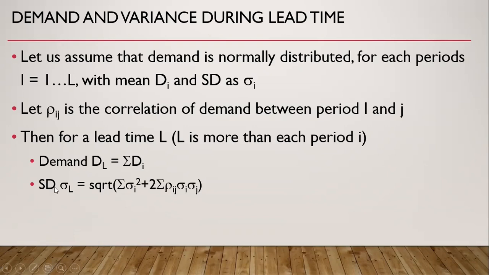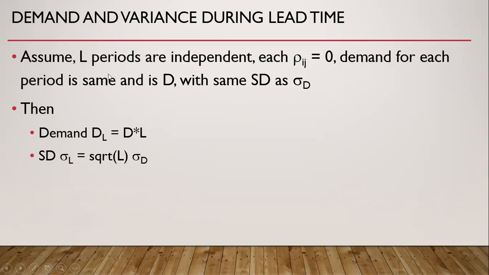And the standard deviation during the lead time is equal to the square root of the summation of squares of standard deviations of each period plus 2 multiplied by the summation of correlation factor multiplied by sigma of each period in pairs.